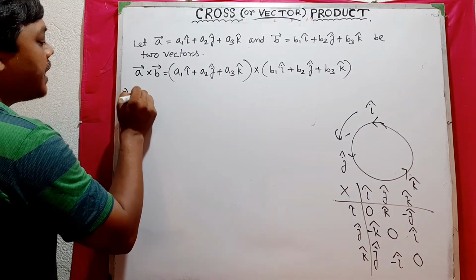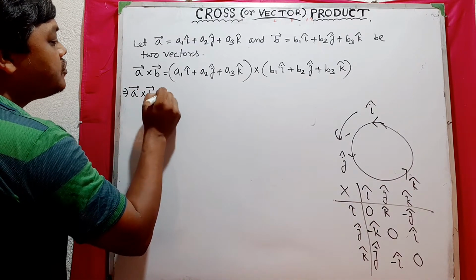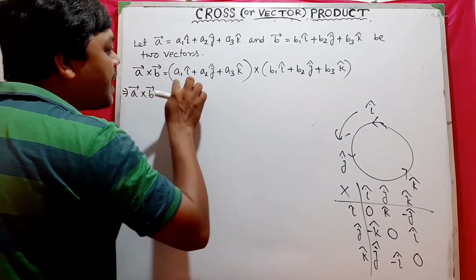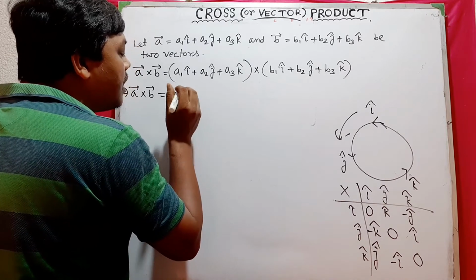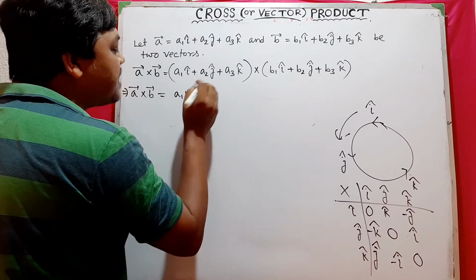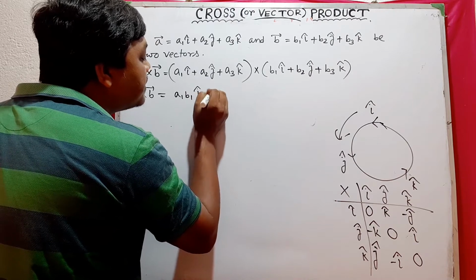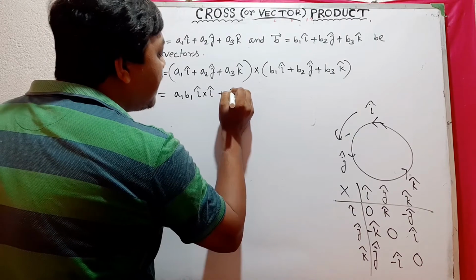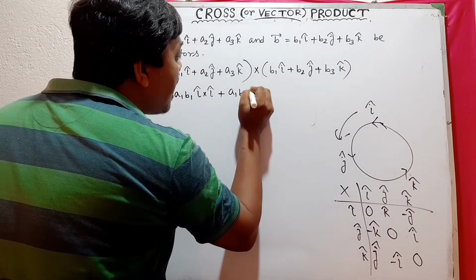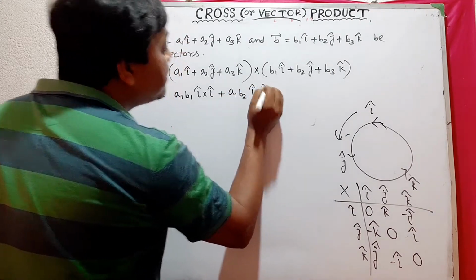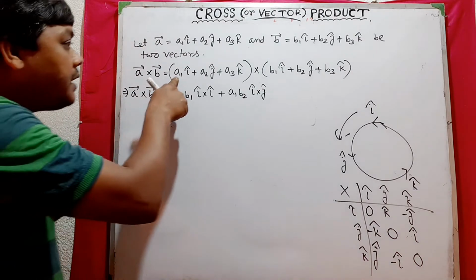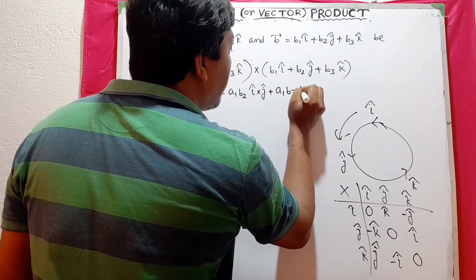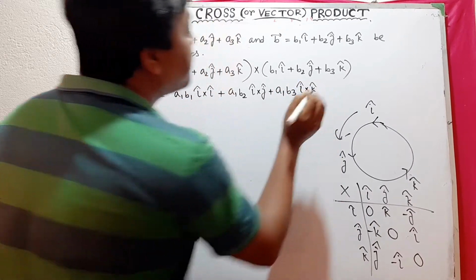So now A cross B equals to, just to use the distributive law, A1 B1, this is scalar quantity, I cross I, plus A1 B2 I cross J, plus A1 B3 I cross K cap.